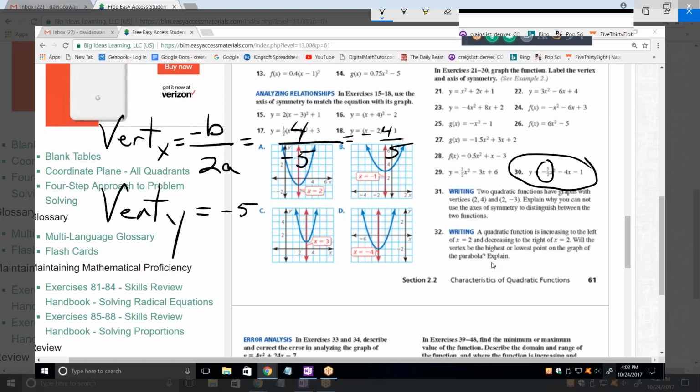So it is y equals times the negative 4/5 squared minus 4 times negative 4/5 minus 1.